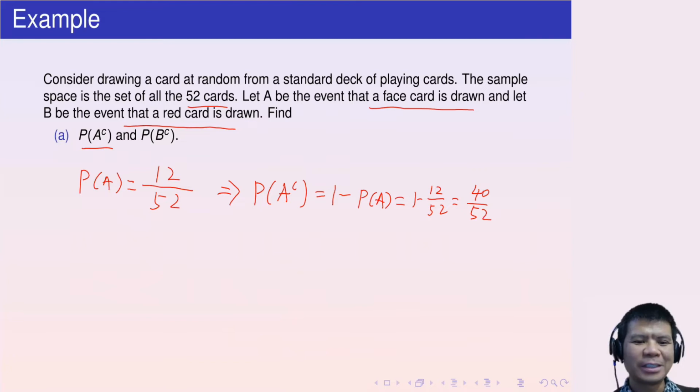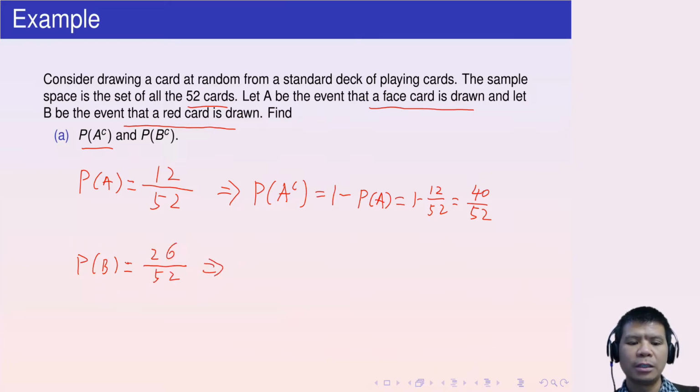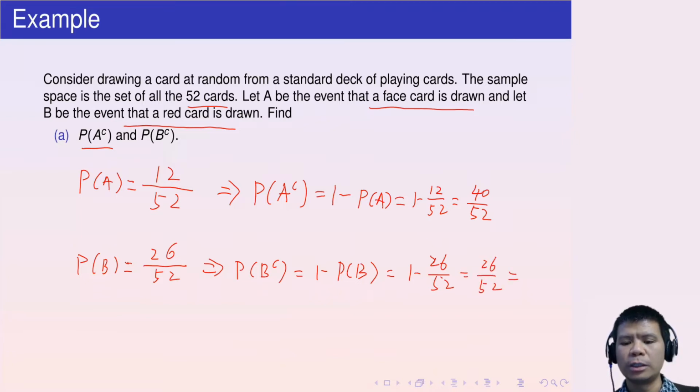Similarly, the probability of B, a red card, is, as we know, diamonds and hearts, so 26 out of 52. Then the probability of B complement equals 1 minus the probability of B, which is 1 minus 26 over 52, which is 26 over 52, which is 1/2. B complement is not a red card, which is a black card.